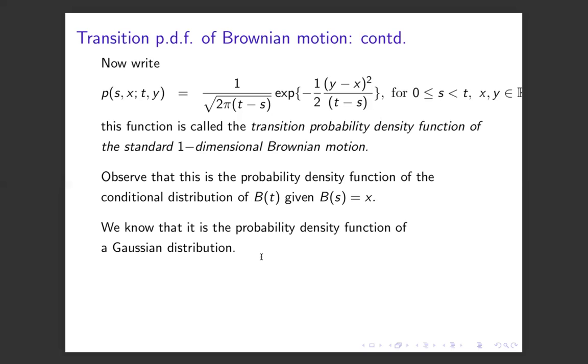By now you know the central role played by the normal distribution in probability and statistics. It is also playing a central role in the study of Brownian motion, though we will not have occasion to elaborate on this in this course.